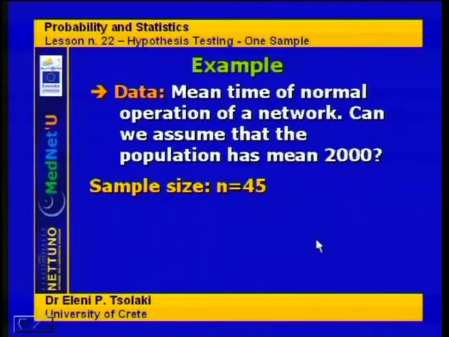Let's see an example. Here we have data: the time of normal operation of a network. Can we assume that these data come from a population where the mean is 2000?